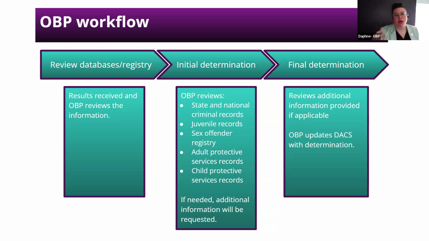Once we receive that report, we get to start our process. Just like there are three main parts to completing an application and getting fingerprinted, there are three main parts that we have, and we'll go over these in more detail throughout this presentation. We review all the databases and registries once we receive that report back. We then make an initial determination on this person for their eligibility and provide that to you.